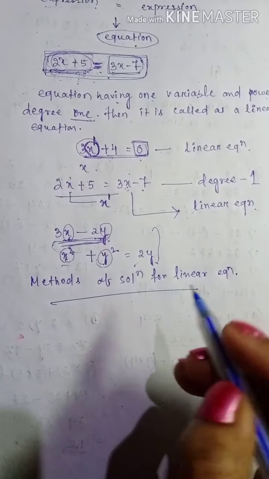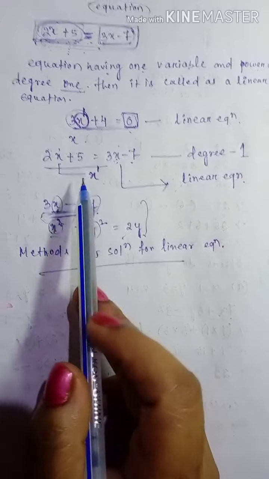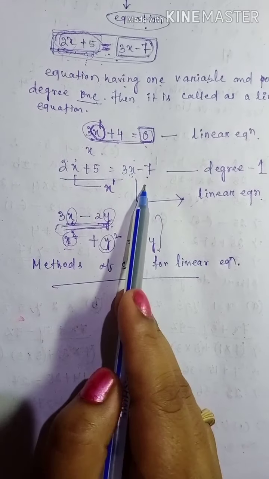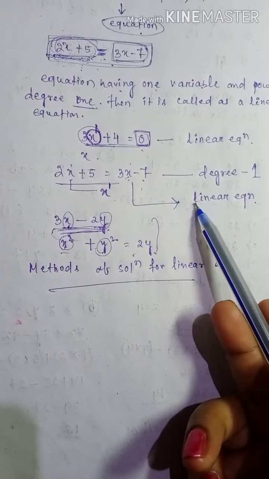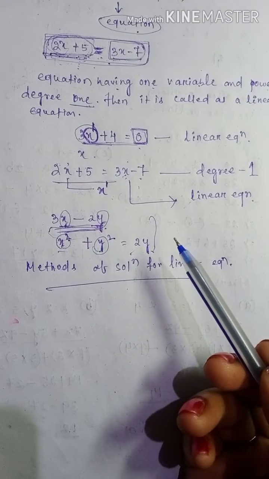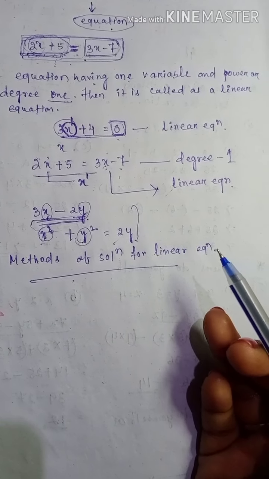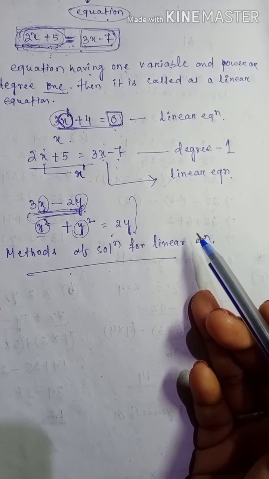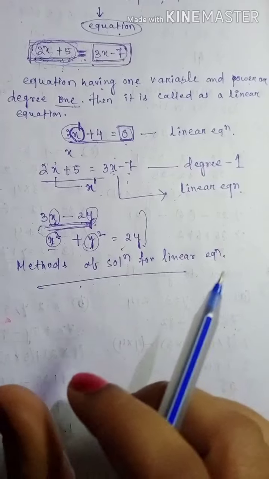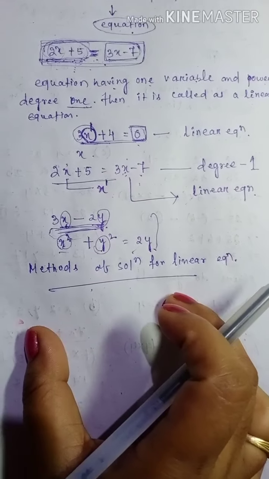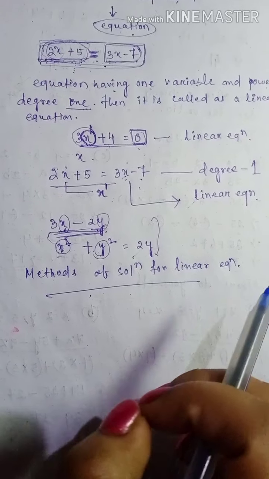Solution of linear equations means we have to find the value of the variable in the given equation such that the value before the equal sign is equal to the value after the equal sign, without changing the signs or the expression on both sides, by putting a particular value in place of the variable.